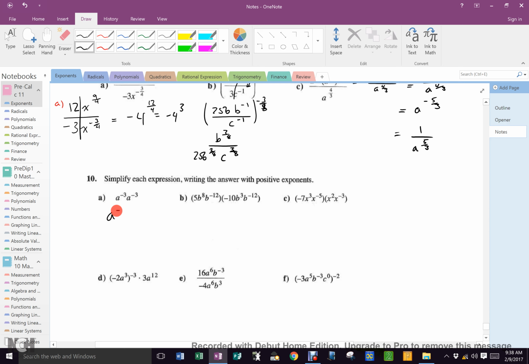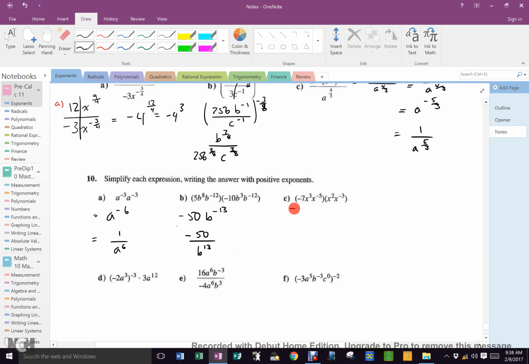This is a to the negative 6, so that's 1 over a to the 6th. This is negative 50, b to the negative 13, which equals negative 50 over b to the positive 13.